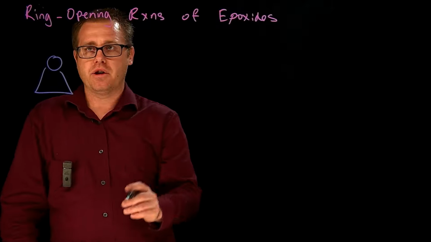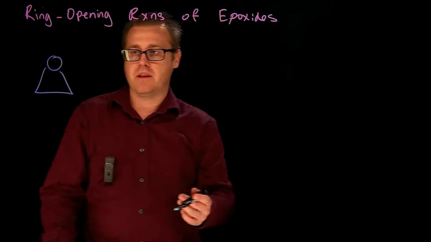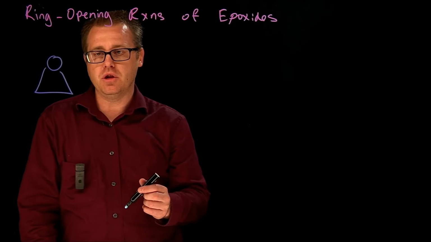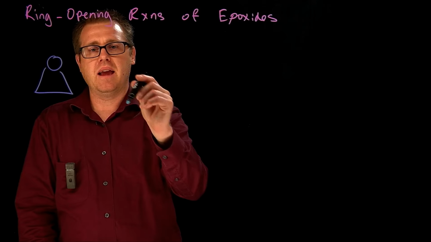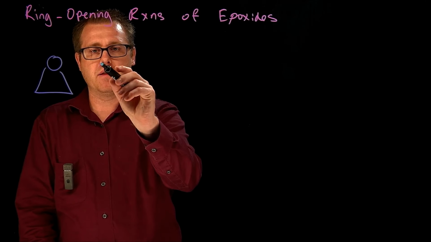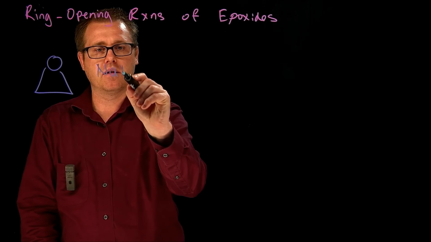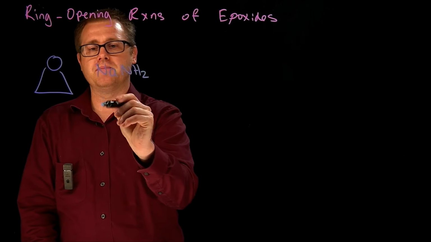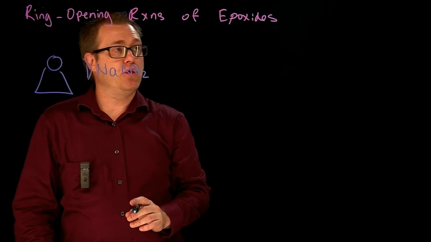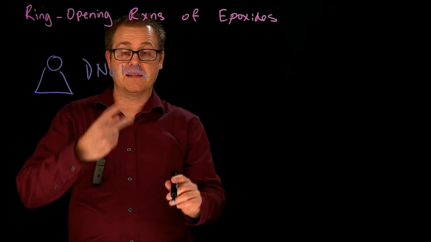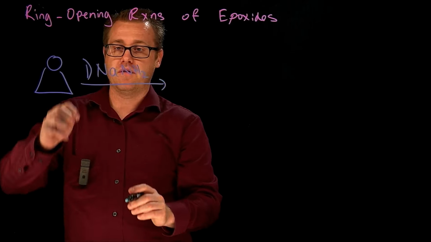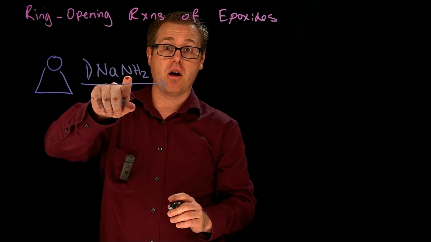And in order to open a ring with a strong nucleophile, let's say we treat it with sodium amide, you have to do this ring opening process in 2 steps. The first step is adding the strong nucleophile.